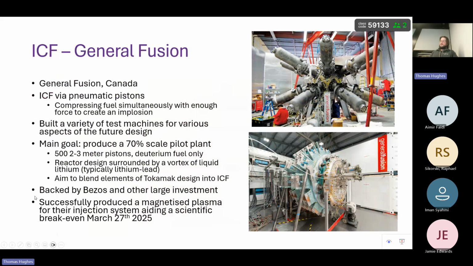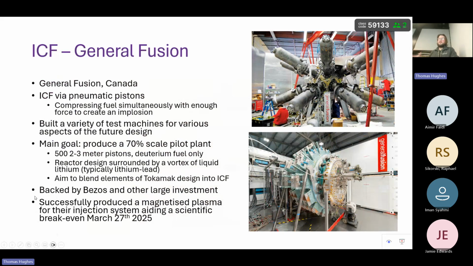So this is General Fusion in Canada. They use pneumatic pistons to compress their fuel. Another one that's laser free. So if they use the pistons with enough force, they can simultaneously create an implosion. They're currently building a variety of different test machines for different aspects of their fusion power plant design.